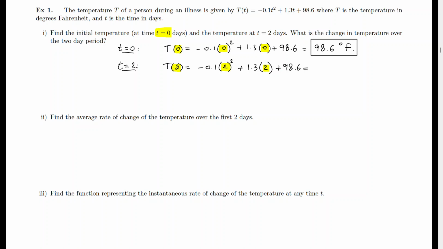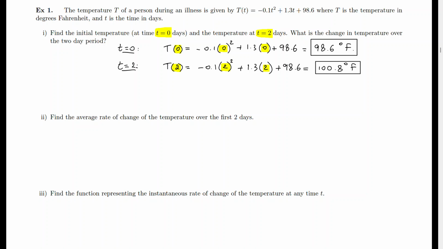When we plug this in, we can use our calculator to get the answer. The temperature turns out to be about 100.8 degrees Fahrenheit. So this gives me the solution to the first two parts of the problem, the initial temperature and the temperature at t equal to 2 days.